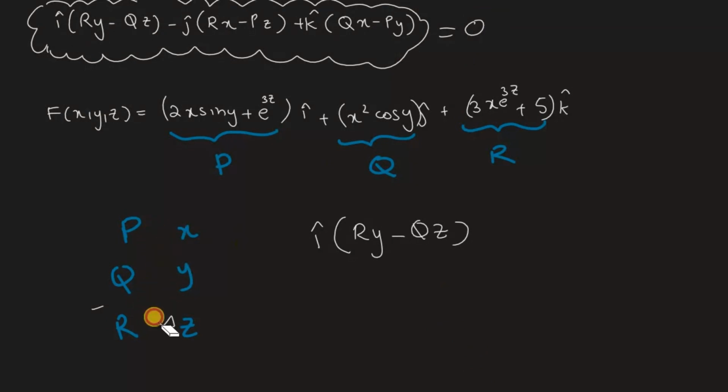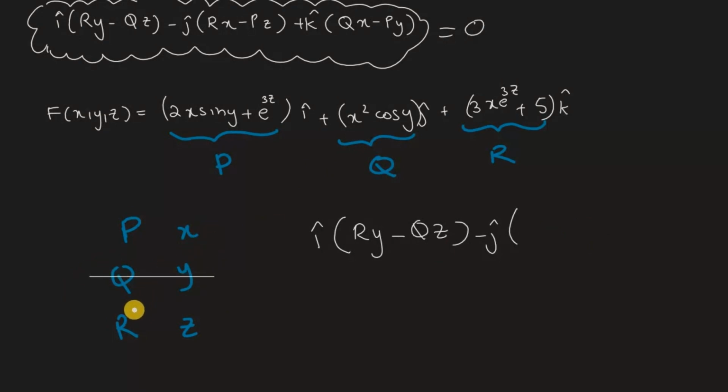Next, what do we do? I'm gonna remove these lines. Next we are at j hat, and just remember that it's always negative. Just like in the determinant, we always put the j hat negative, so here it's the same thing, negative j hat. Now we are in the j hat direction, which means we are in the y component, so we cross out the y.